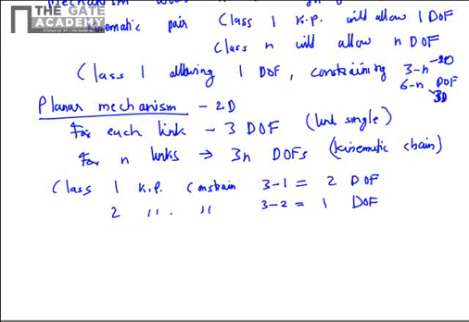So if we have J1 number of class 1 kinematic pair, J2 number of class 2 kinematic pair, then we can calculate the degree of freedom of the kinematic chain as follows.